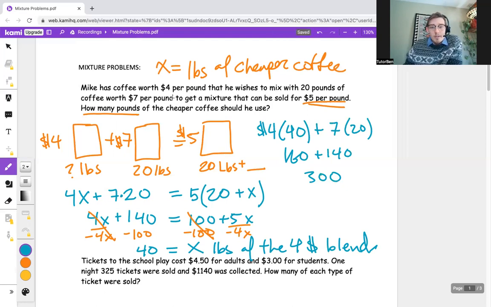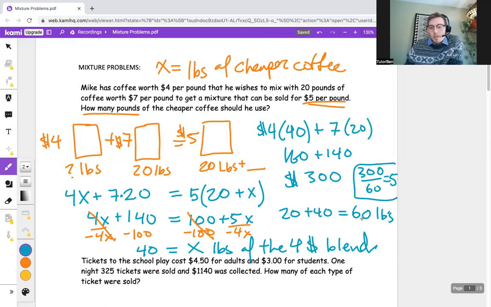So this is dollars. And then our pounds would be the 20 pounds plus the 40 pounds, which is 60 pounds. If we take our total cost over our total pounds, which is 300 over 60, we should get 5, which is exactly what we get.